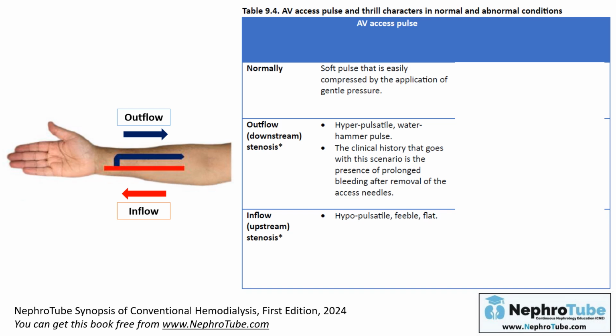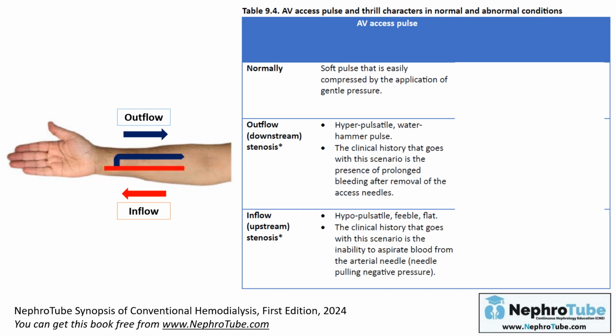In inflow stenosis, if there is a stenosis in the inflow segment, the blood going through the fistula and the venous segment will be low, causing a hypopulsatile, feeble, flat pulse. And this goes with the clinical scenario that there is difficulty aspirating blood from the fistula, that you need a high negative pressure to aspirate blood from the fistula because the inflow is weak.